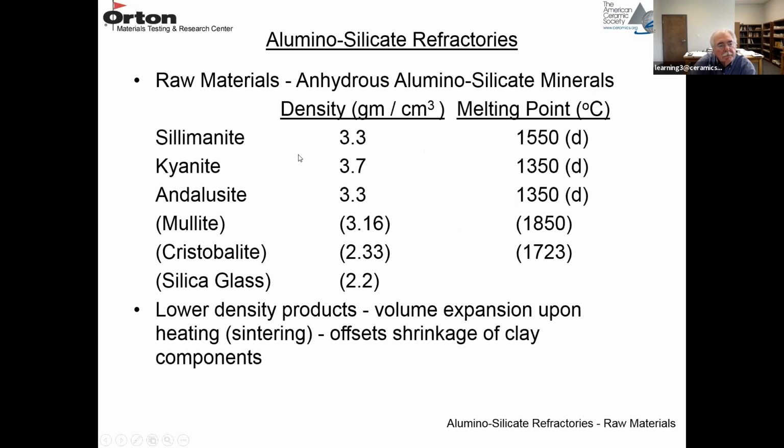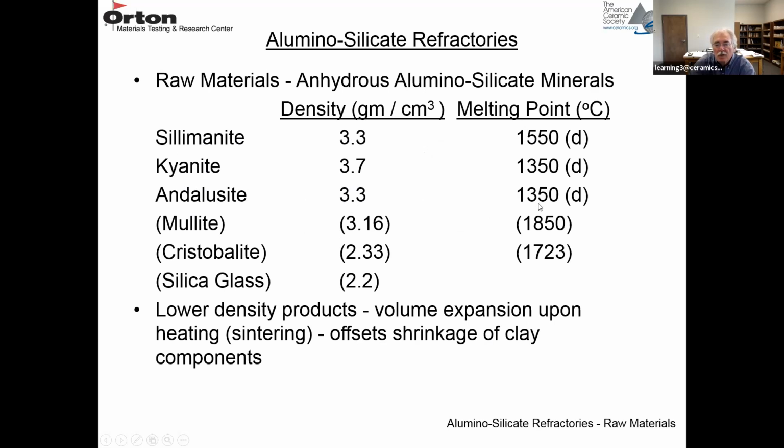So when you convert any one of these three minerals to mullite and cristobalite, there's a big density change. So this is the starting density. Sillimanite is 3.3, and that's grams per cubic centimeter. Kyanite's 3.7, andalusite's 3.3.